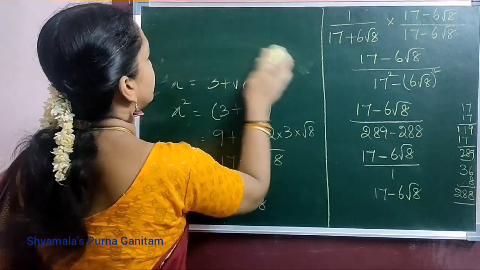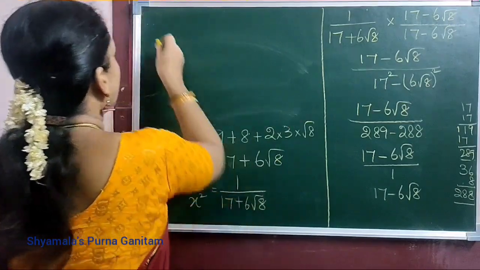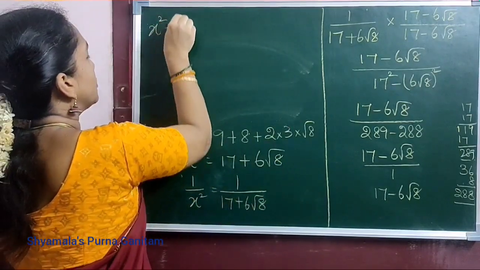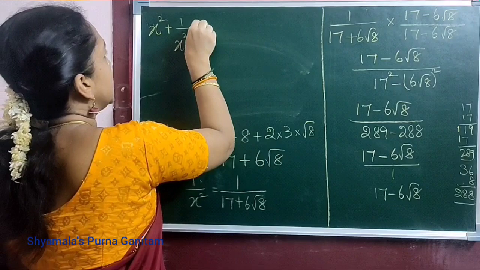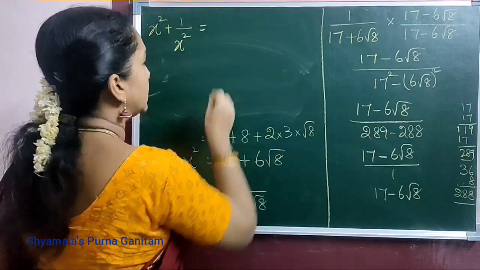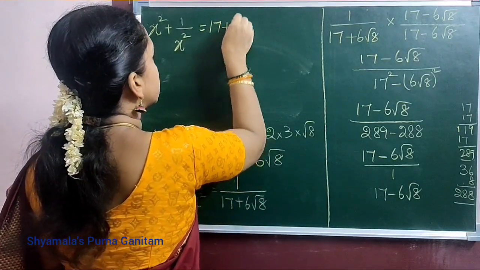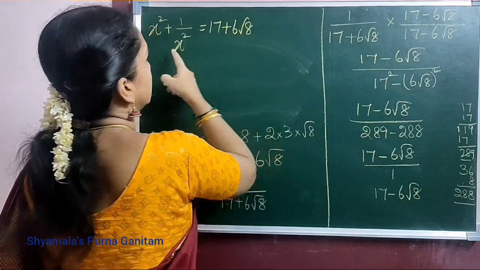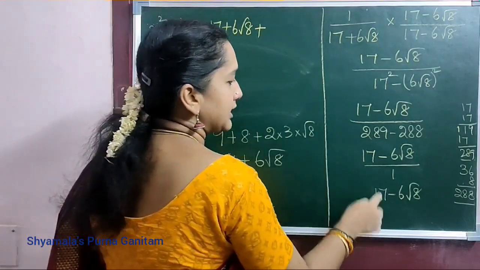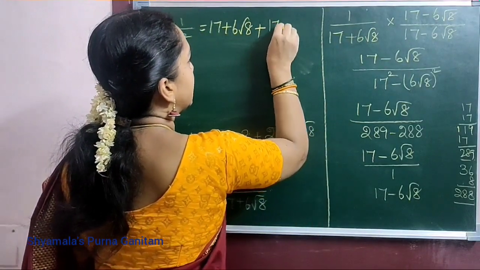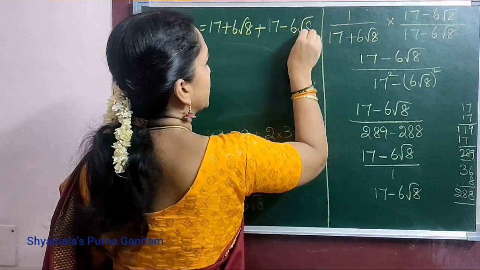So, x squared plus 1 by x squared is equal to, x squared value is 17 plus 6 root 8 plus 1 by x squared value is 17 minus 6 root 8.